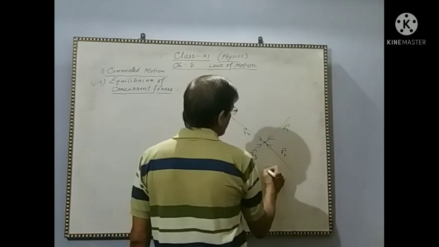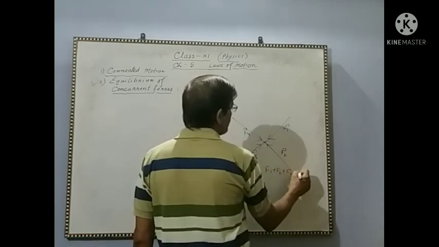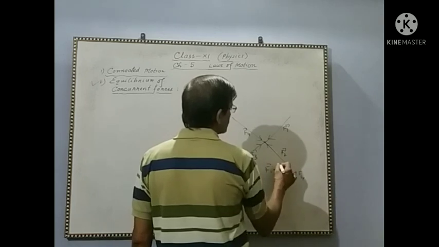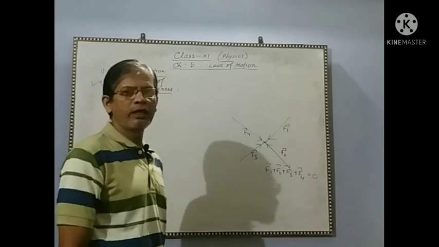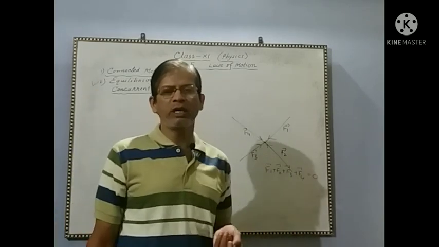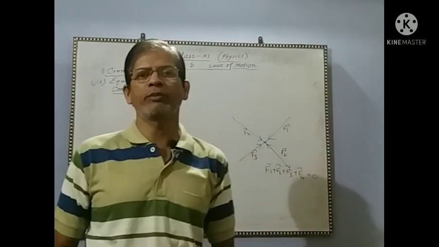If the net force is 0, that means F1 plus F2 plus F3 plus F4 equals 0, then we will say that these forces are in equilibrium. Since they are acting at a point, this is the equilibrium of concurrent forces.